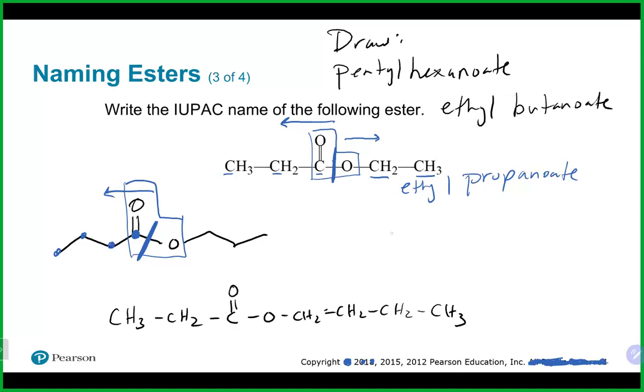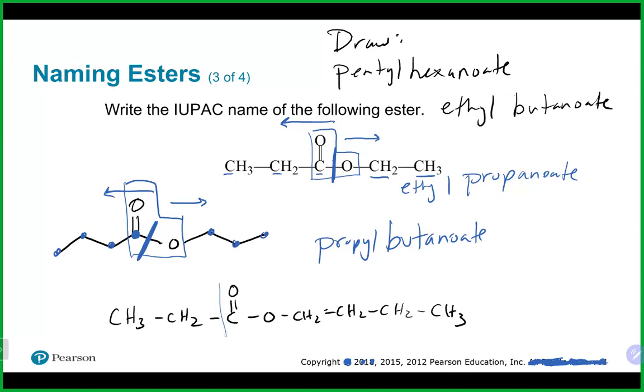So that is going to be butanoate. Going in the other direction, where the single-bonded oxygen is going to be our alcohol, counting up carbons 1, 2, and 3. So that's going to be propyl butanoate. Any questions on that one there?